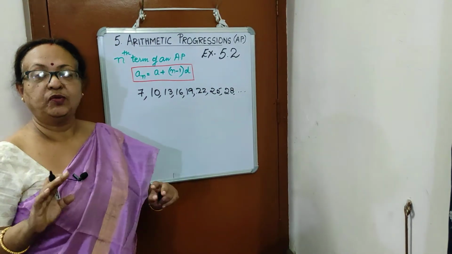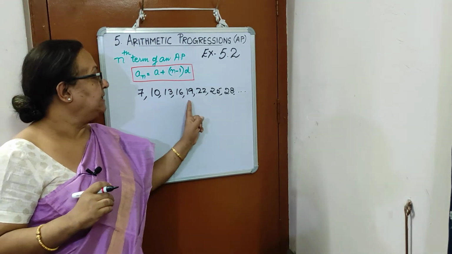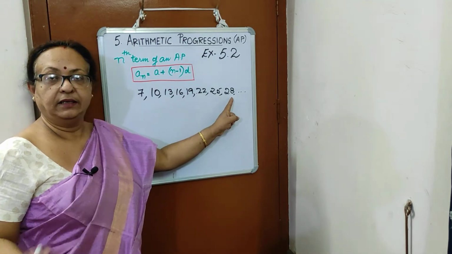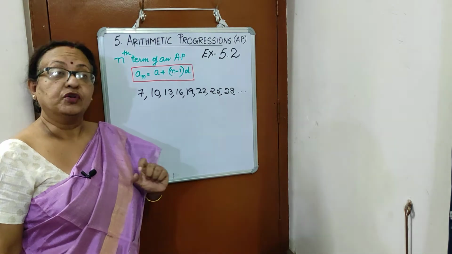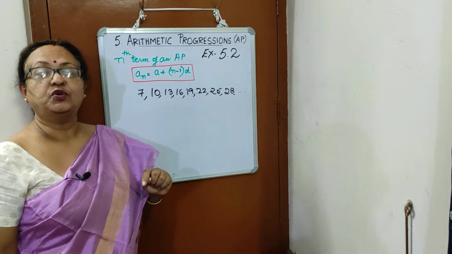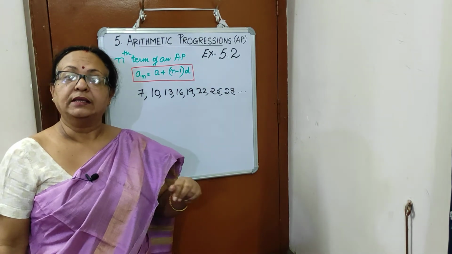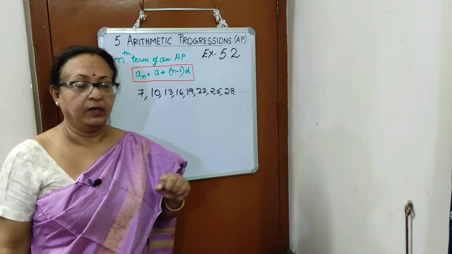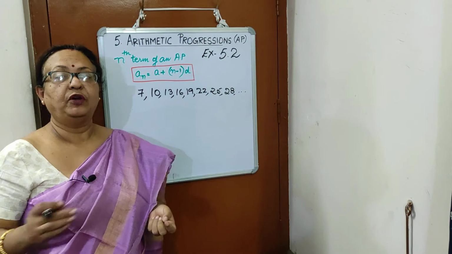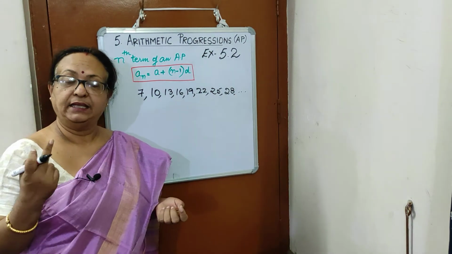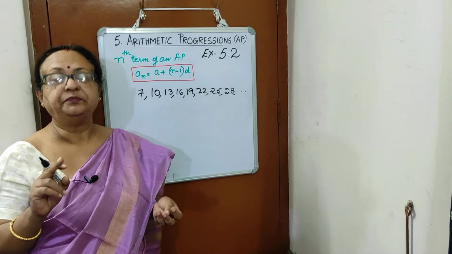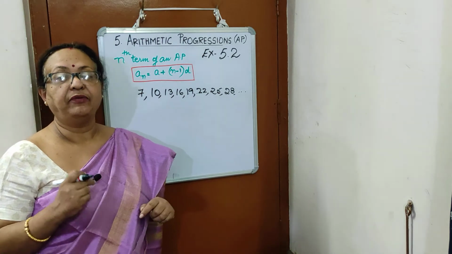So if I tell you to write the 8th term, you can easily count and write it. Now suppose I tell you to write the 41st term or the 70th term, will it be possible for you to count by 3 and write the terms? No. For that we have a formula.